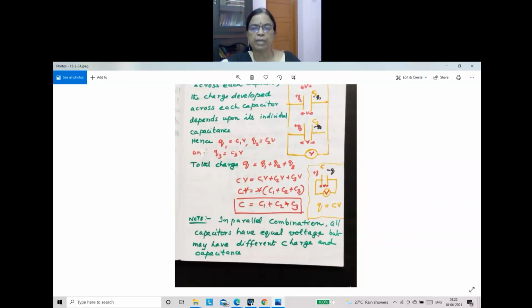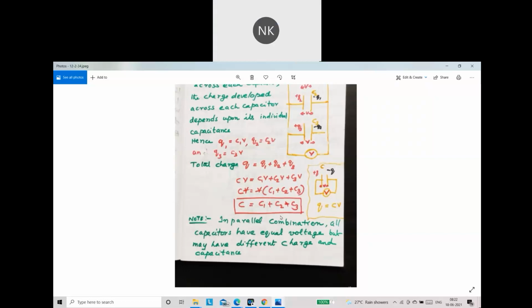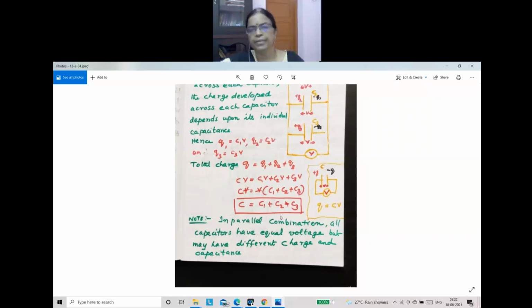Suppose we want 3 microfarad capacitance in a circuit. What will you do? Will you connect in series or parallel in order to increase the value? Parallel. We will connect them in parallel. To increase the value of capacitance, we will connect them in parallel. Okay.